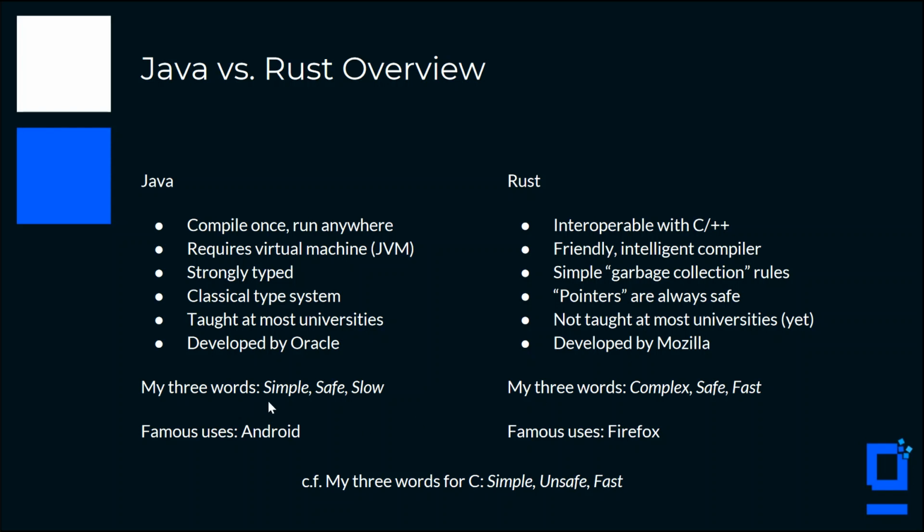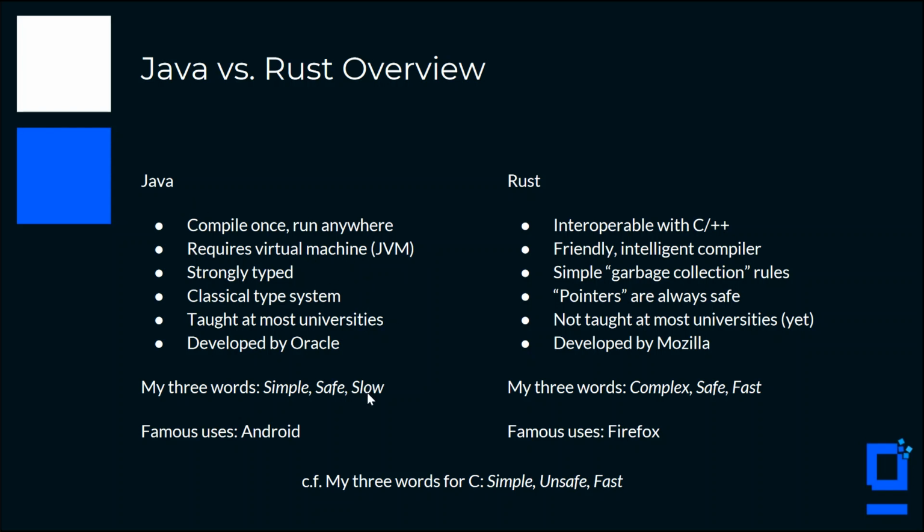So I've come up with three words that describe each of these languages here. Now keep in mind, these are super, super dumbed down descriptions. I picked Java because it's lower level than JavaScript at least, and a lot of people know Java. So it requires a virtual machine, which is a little bit of overhead.